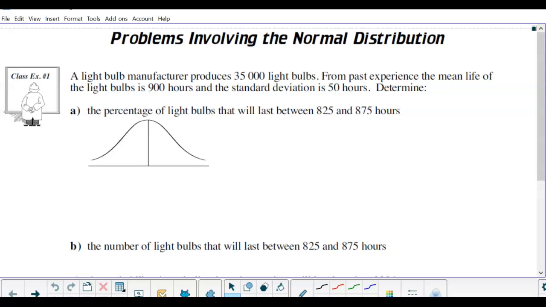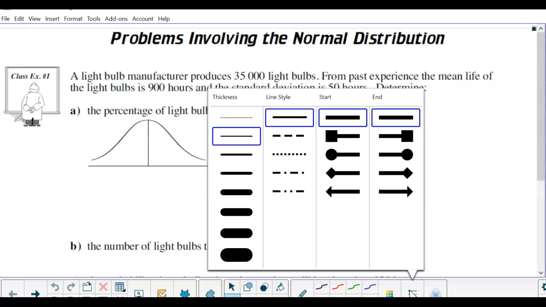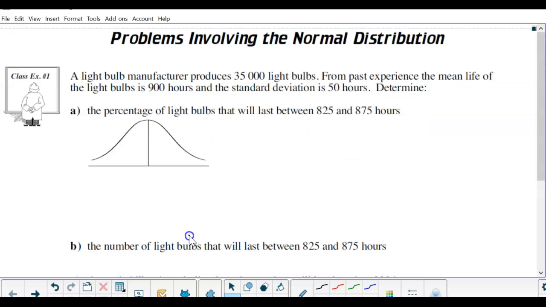Determine the percentage of light bulbs that will last between 825 and 875. So that is less than the mean. I recommend you do a little bell curve like this, label the mean, and then draw the area that you're looking for. So 875 is about there, 825 is about there.